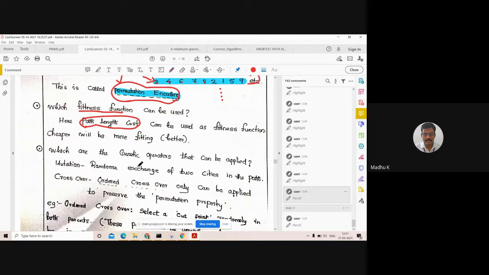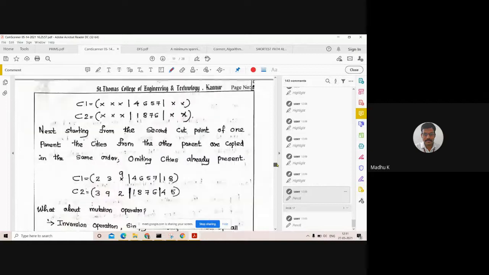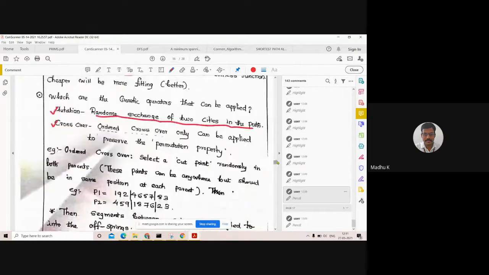I told you mutation and crossover are there. In the case of mutation, there is a random exchange of two cities in a path. Similarly, crossover is there anyway. We can discuss crossover in the next class.